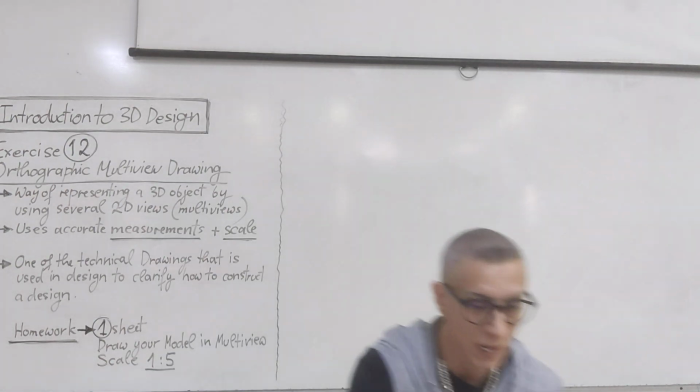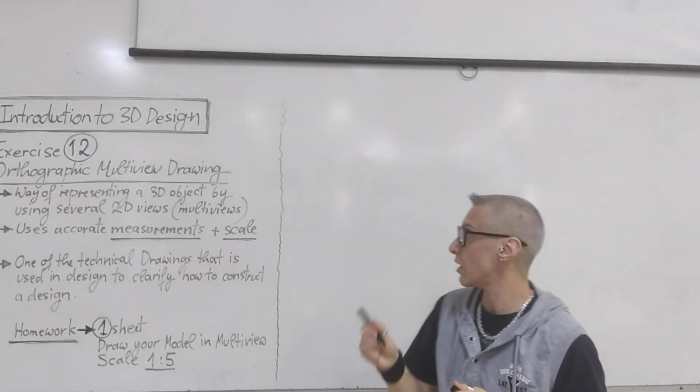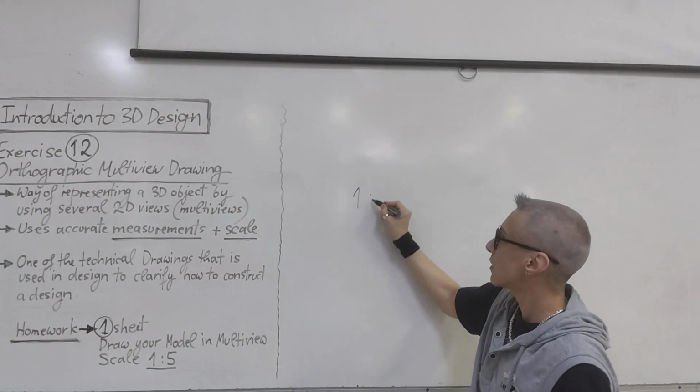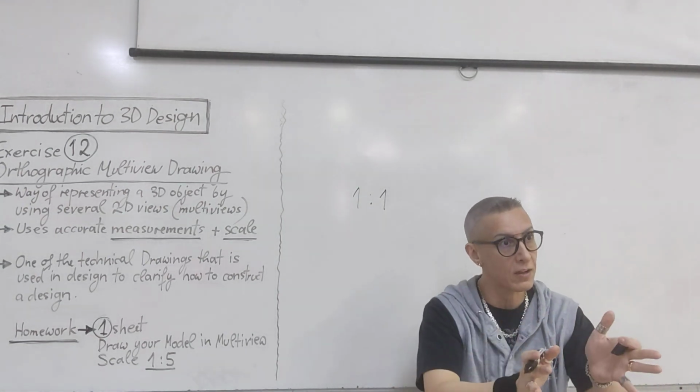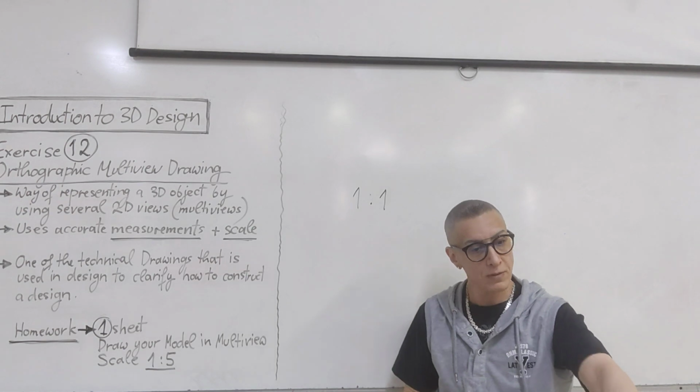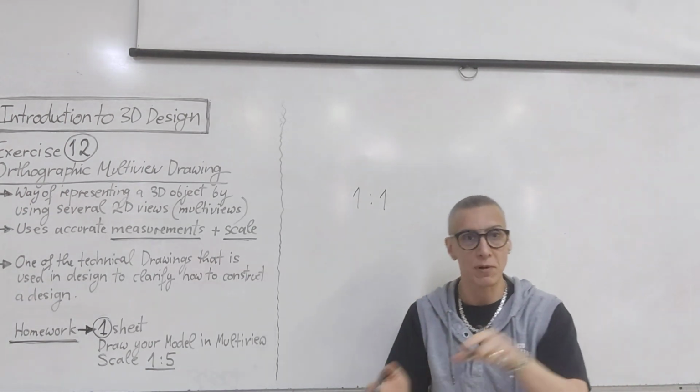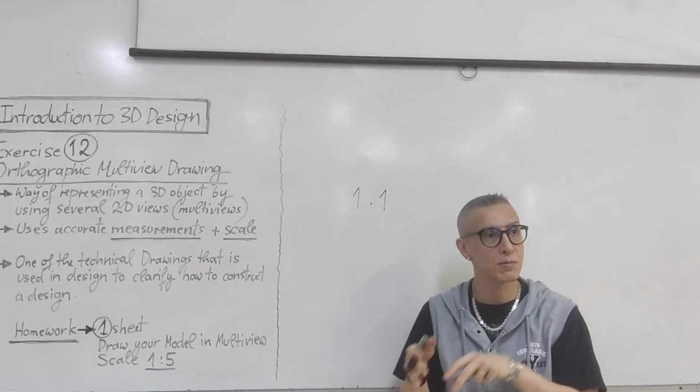So for example, if I want to draw this object at scale 1 to 1, it means I'm drawing the actual size. So 15 centimeter will become 15 on the paper, 10 will become 10, 5 will become 5.